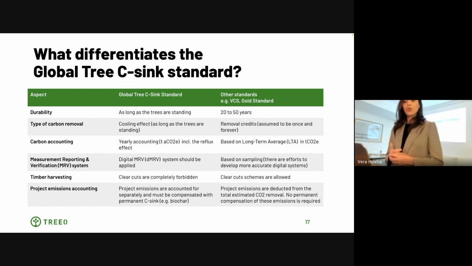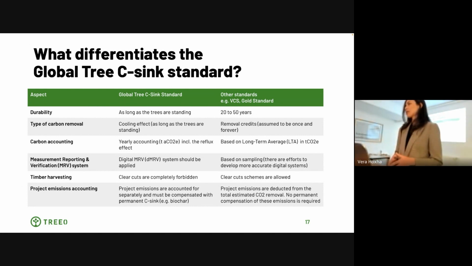Then for the global tree C-sink, we have the orientation toward establishing a digital MRV system. Now we have the TREEO app that is accredited as an application or digital MRV system, while for the other standards it is more based on sampling, as is still the case.